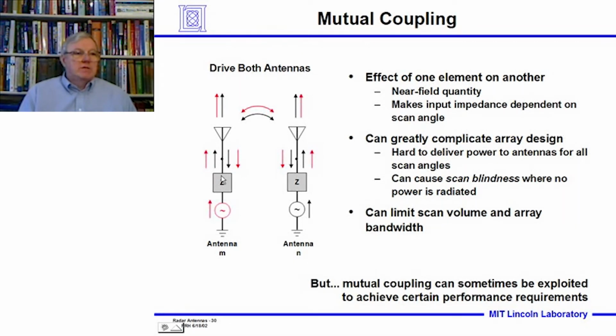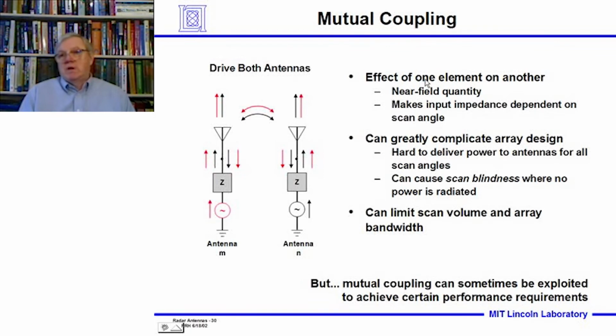And as an element is generating currents on the surface, on that dipole, those currents generate fields nearby and induce currents on nearby elements that are like lambda over 2 apart. So the coupling between one and another means they don't act completely independently. And that's a near field entity.